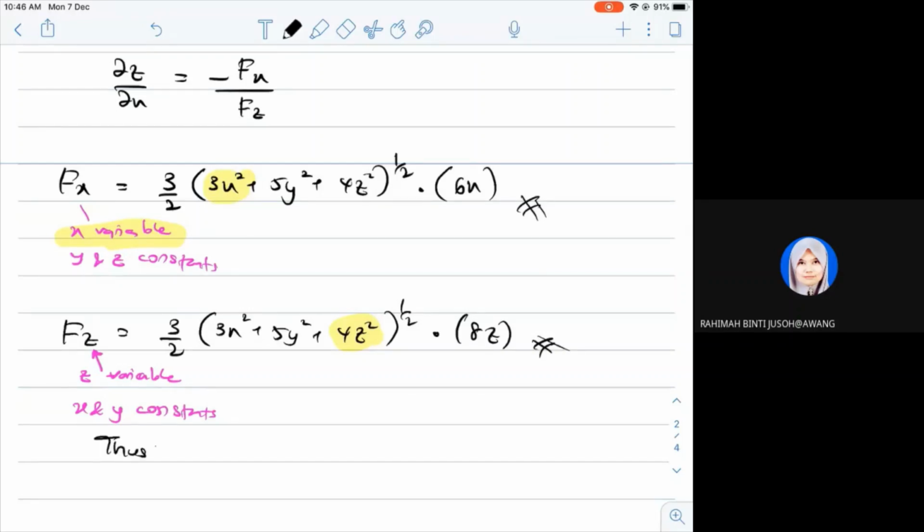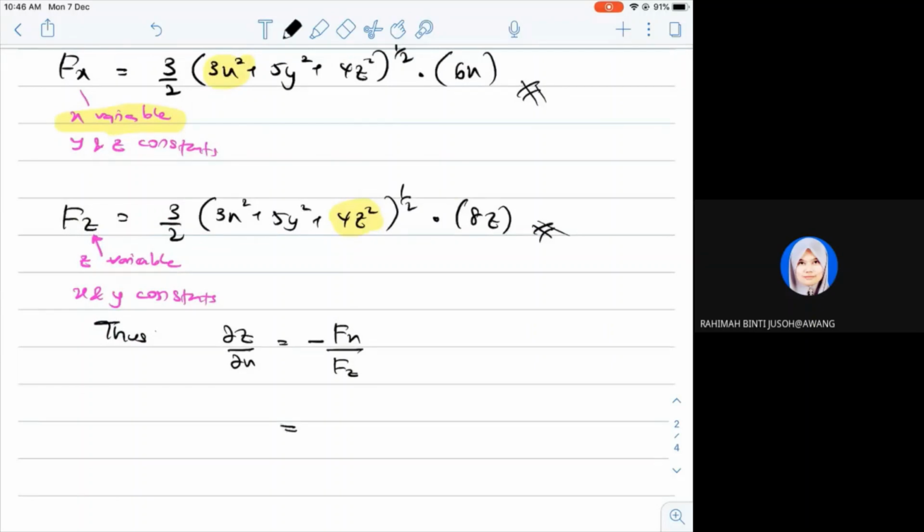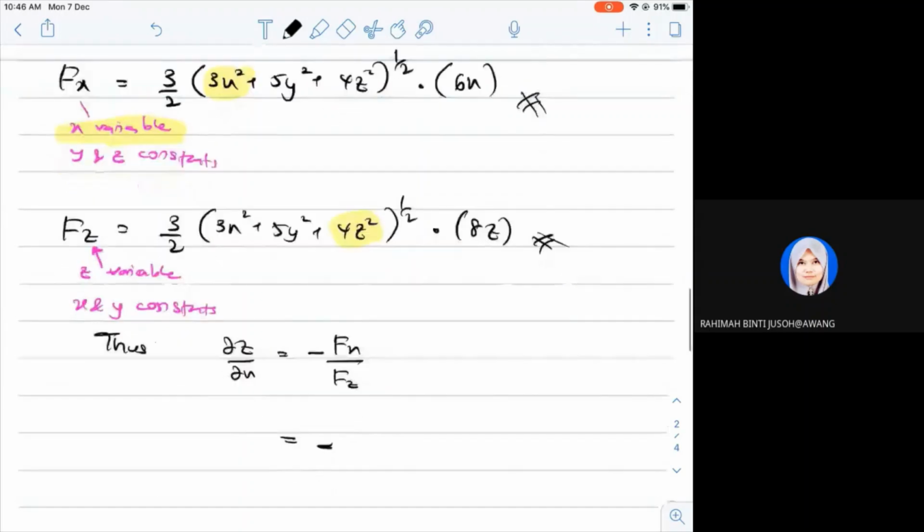Thus we know that del z over del x is equivalent to negative fx over fz, thus equals to negative. If you notice, this one is the same as above, right? It's just the same. So we just need this and this.